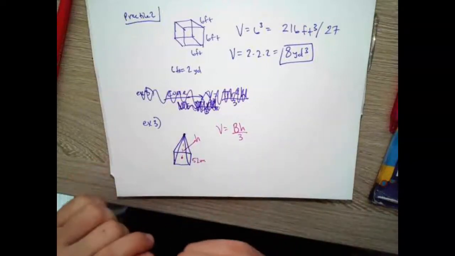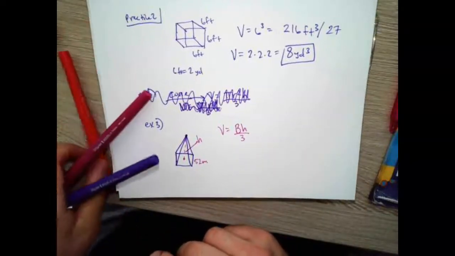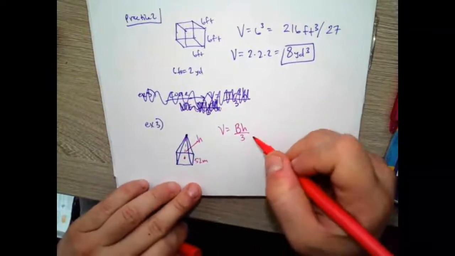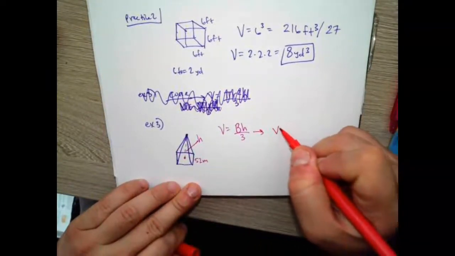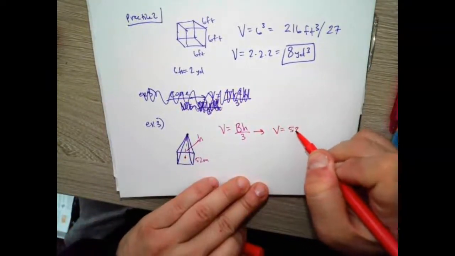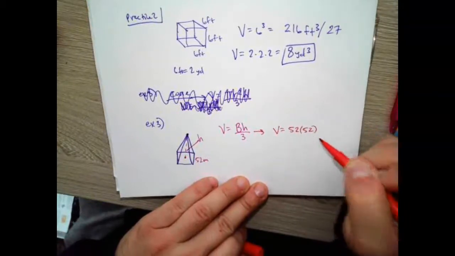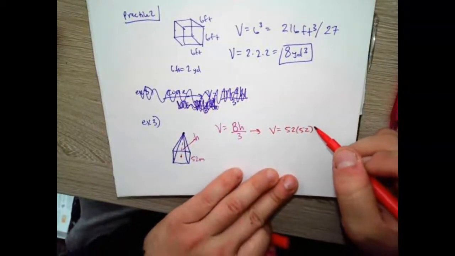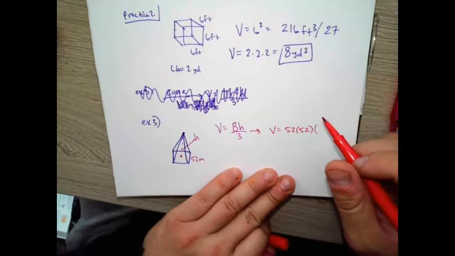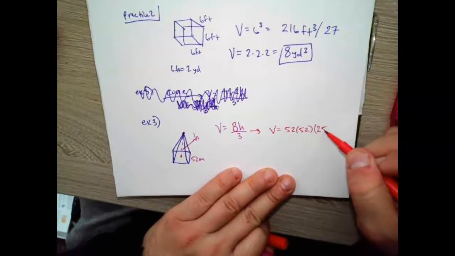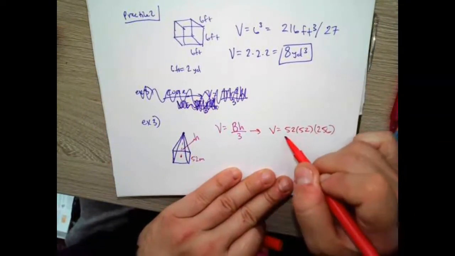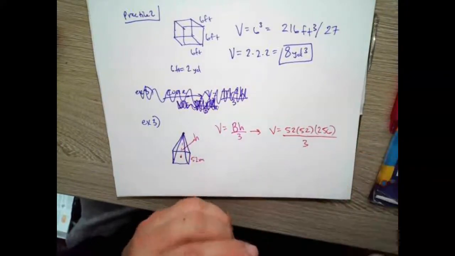So your volume will be, again, area of the base, so 52 times 52, times the height of the pyramid, which in the problem was given as 256 meters, and then divide by 3. So use a calculator.